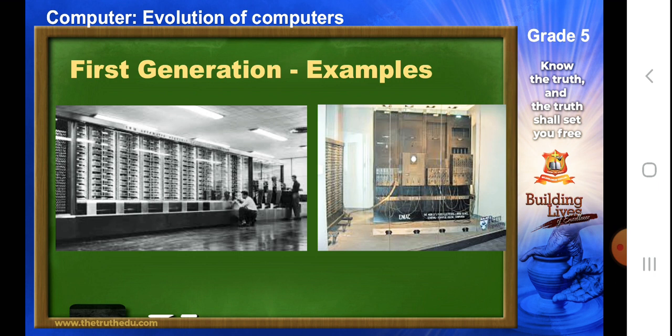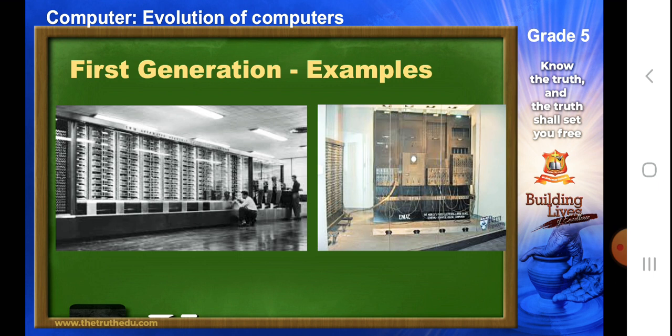This was developed by John Presper Eckert and John William Mauchly in 1946. If you remember, this machine used 18,000 vacuum tubes and weighed more than 27,000 kilograms. Can you imagine that machine? So huge and so heavy.